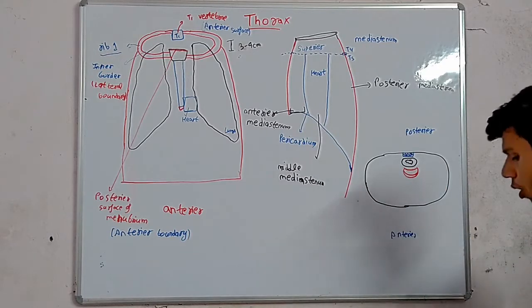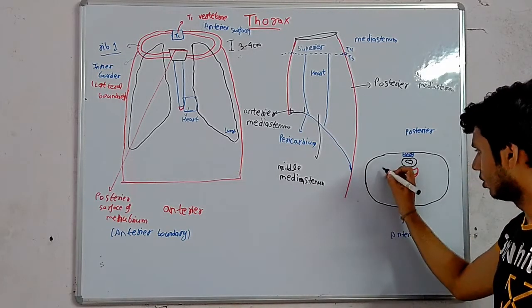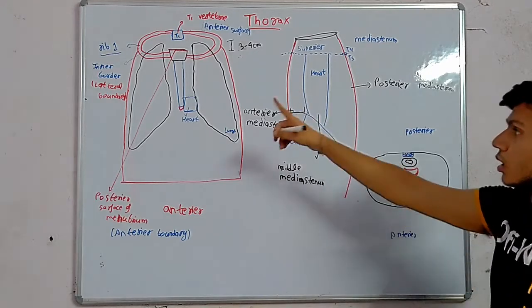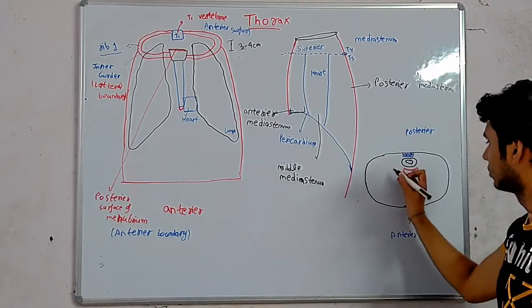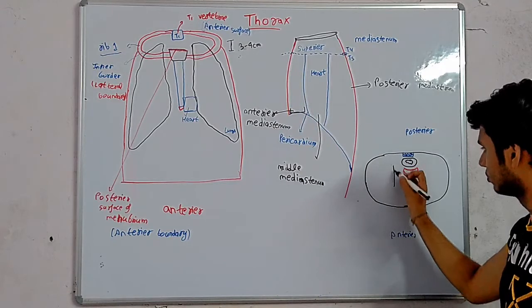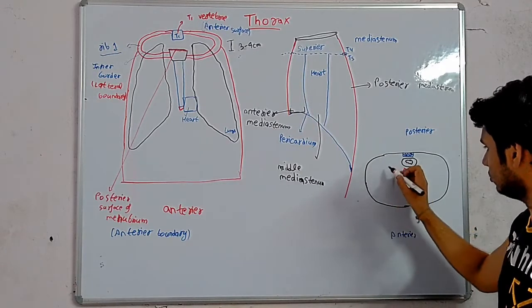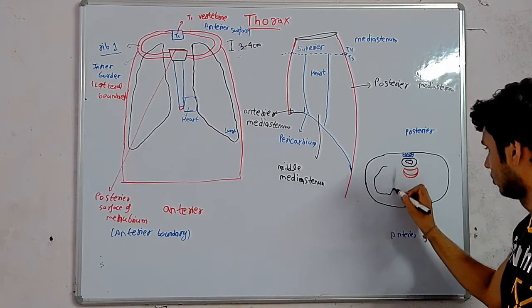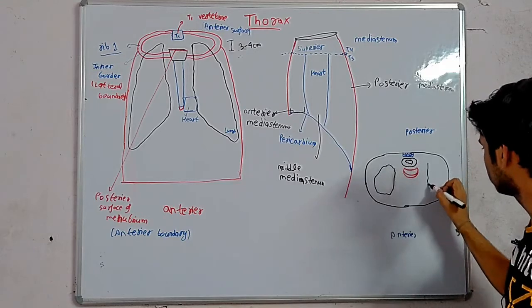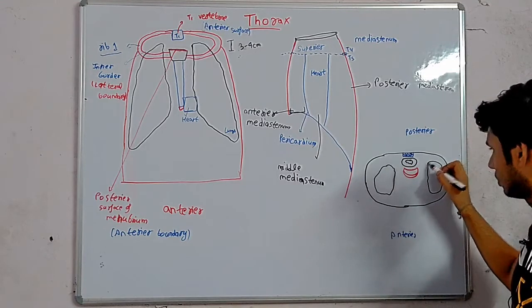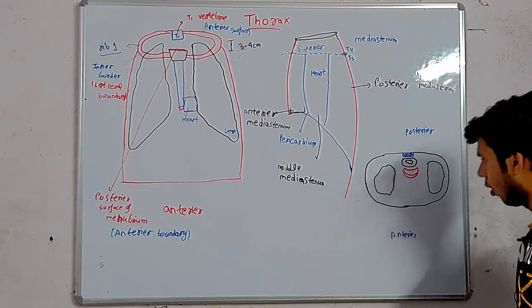On lateral side, lungs are coming out from the thorax in superior inlet, on both sides.